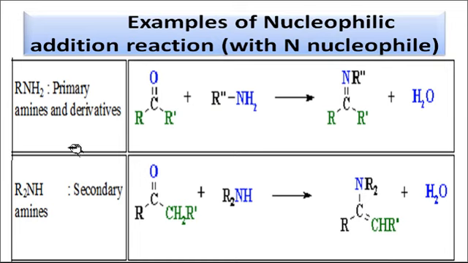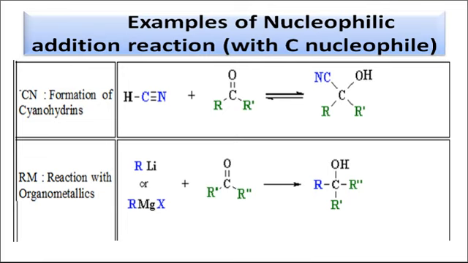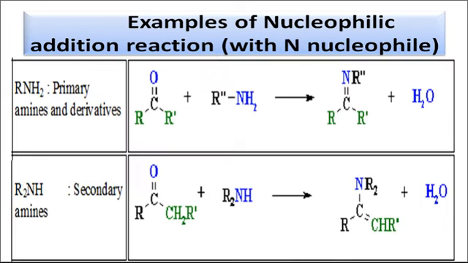Third is with the weak nucleophile, that is the reaction with primary amines and secondary amines. So please, I request you all to try to figure out the mechanism of all these types of reactions. These are with the strong nucleophile and also with the weak nucleophiles.